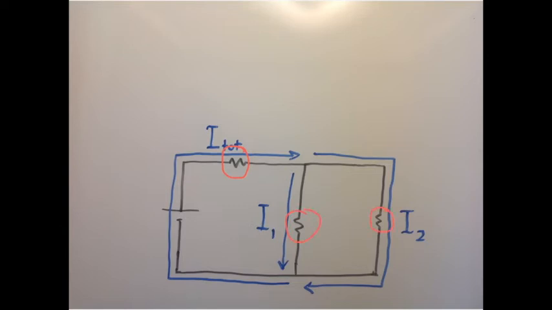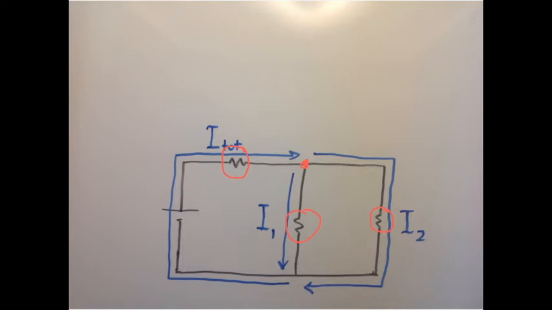Now, we need to be able to use that law that Kirchhoff gave us, I in equals I out, to write what is called a junction equation. To write a junction equation, you look at a junction, pick a point, and then you list out all of the currents that are going into it, and you list out all the currents that are going out of it.